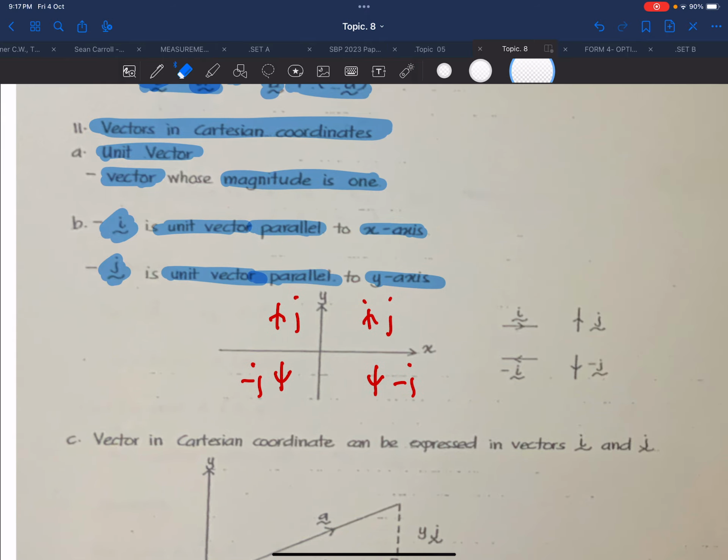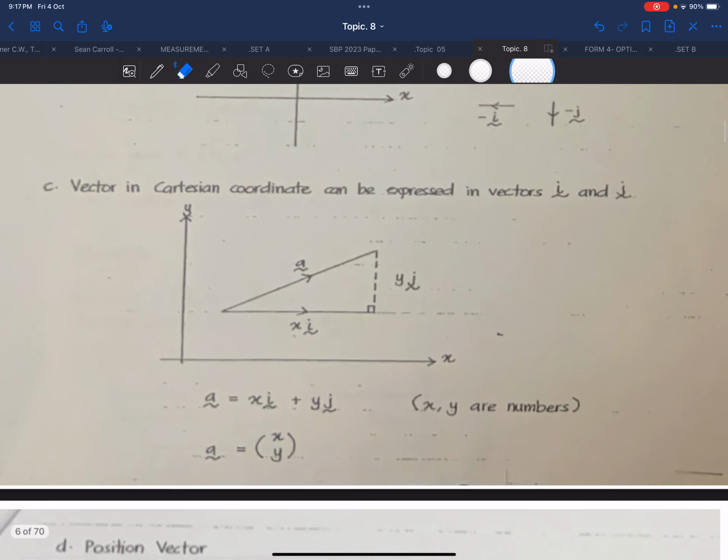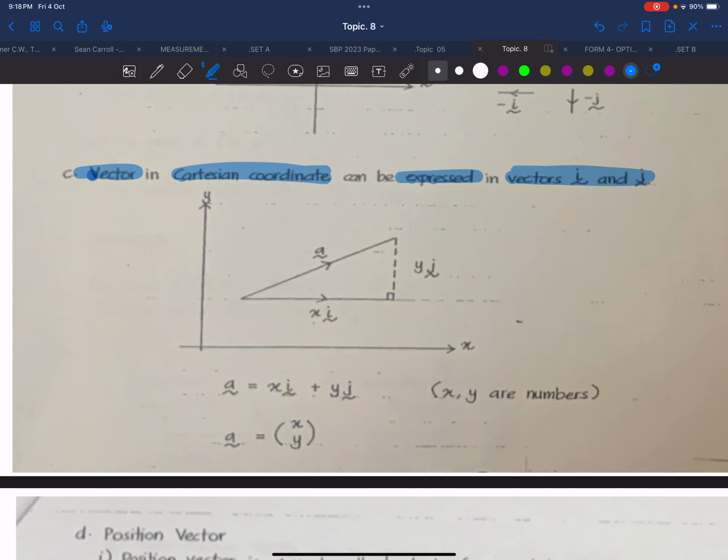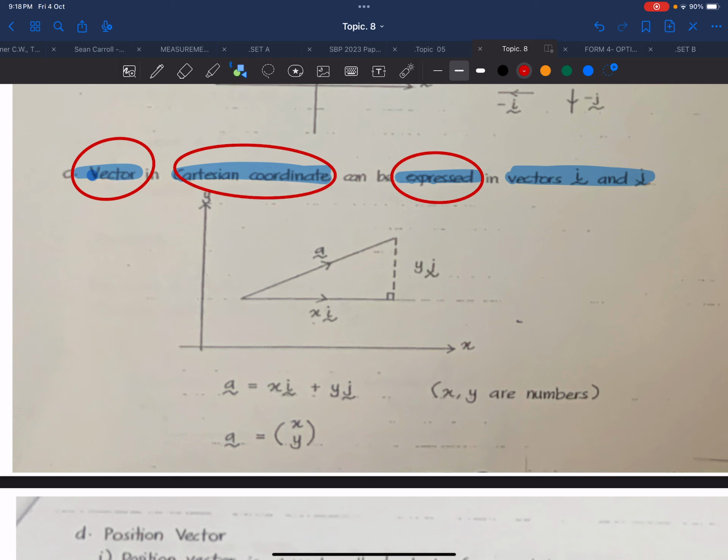Next, now we look at, this is critical, a vector in Cartesian coordinate can be expressed in vectors i and j. Any vector in Cartesian coordinate, you can express it in the unit vectors i and j. For example, I have a vector A here.